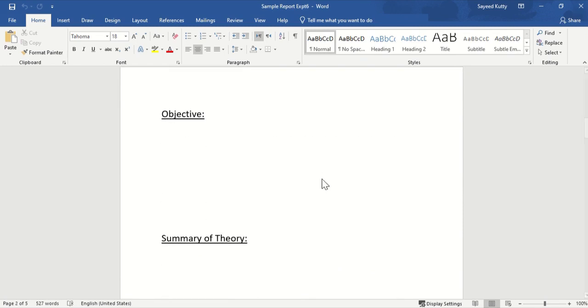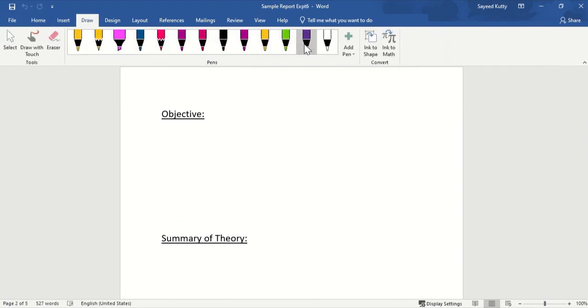So the objective is to verify the law of conservation of energy. In fact, we know that the total mechanical energy of the system is a constant.